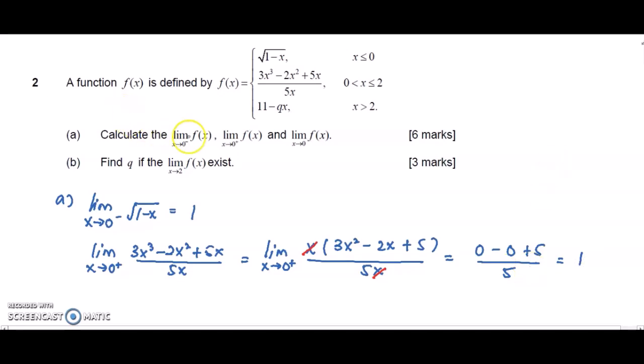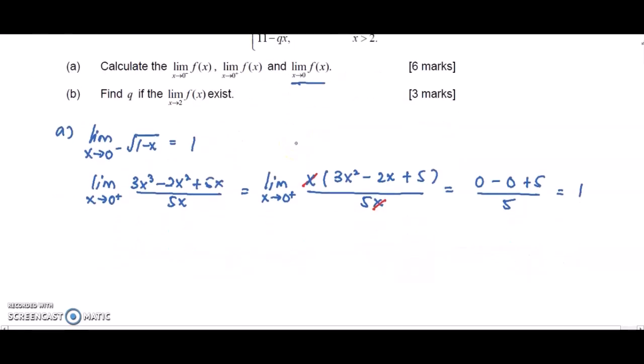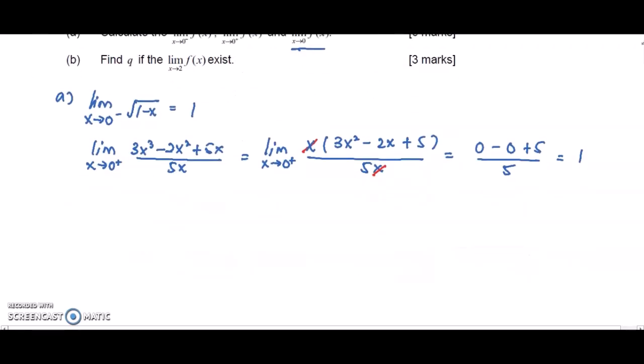Then for the limit of f(x) when x approaches 0, we need to consider these two values, the right-hand limit and the left-hand limit. If the right-hand limit and left-hand limit have the same value and both are defined, then we say that the limit when x approaches 0 will be that same value. So we say that since the limit when x approaches 0 positive equals the limit when x approaches 0 negative, this is my reason.